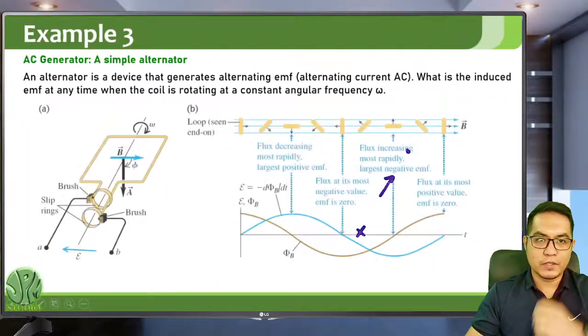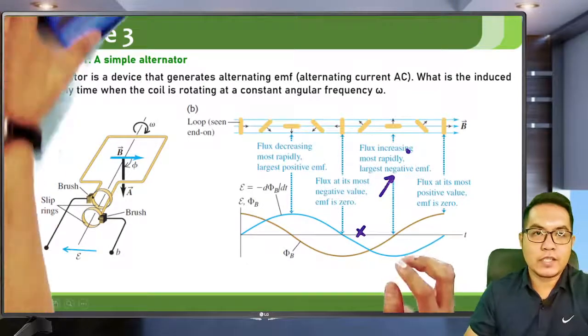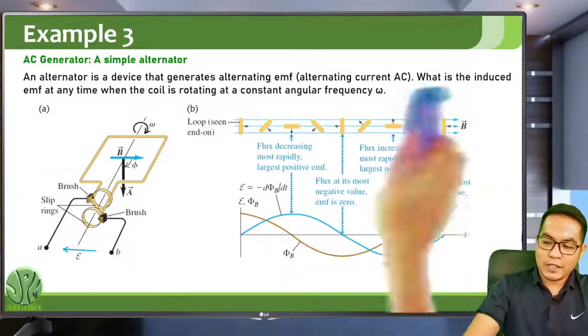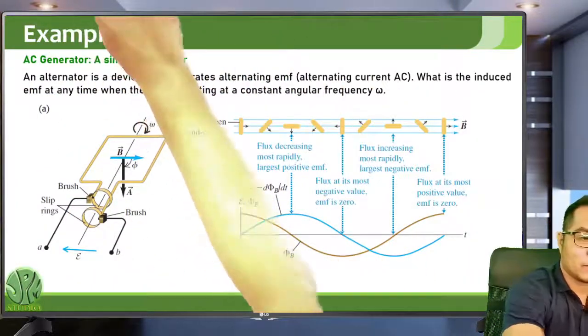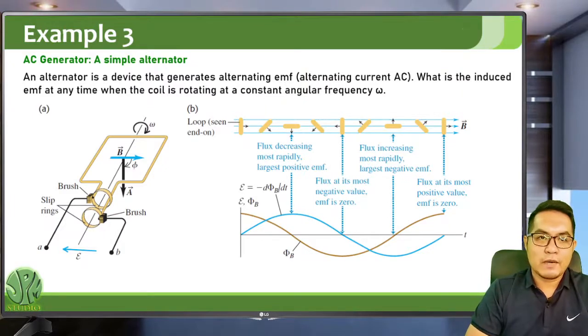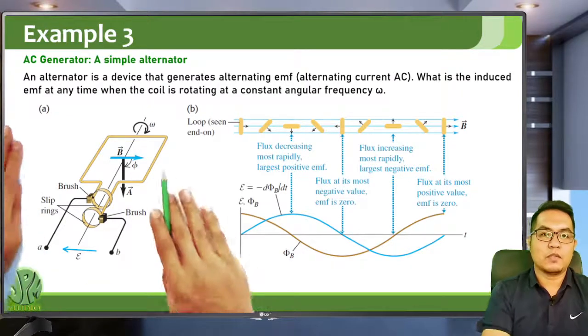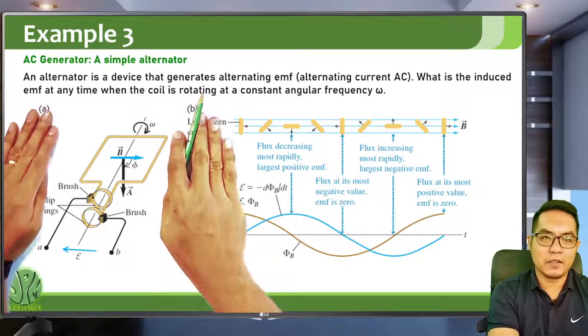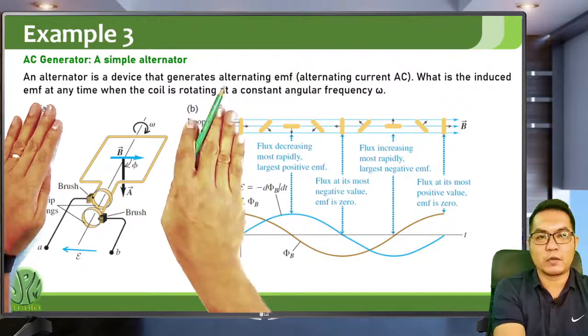Okay, third example. This is an alternating current generator, which is also called an alternator. An alternator is a device that generates alternating EMF. What is the induced EMF at any time when the coil is rotating at a constant angular frequency omega? In this case, there are magnets in between here. There's a north pole here, there's a south pole of a magnet here.